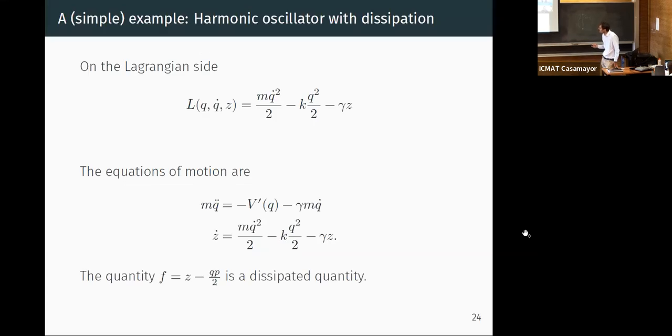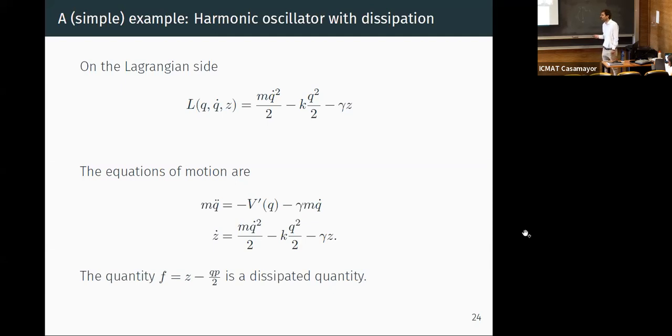This dissipated quantity, I'm not sure if it has something to do with it. Yes, this is QP. You need to put this QP over 2 minus the action. This is dissipated. So you could combine them. Maybe there is a relationship. So maybe you can now eliminate your Z from F. I don't know, this is just something you are allowed to have in any case.